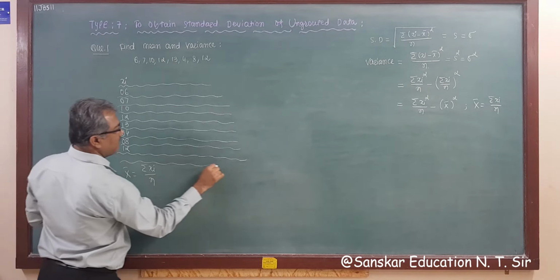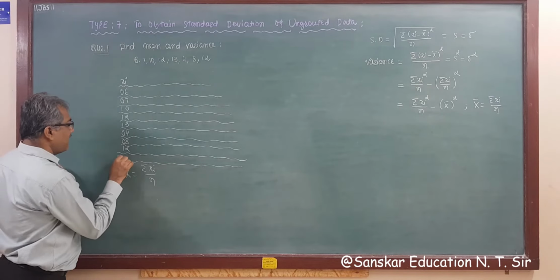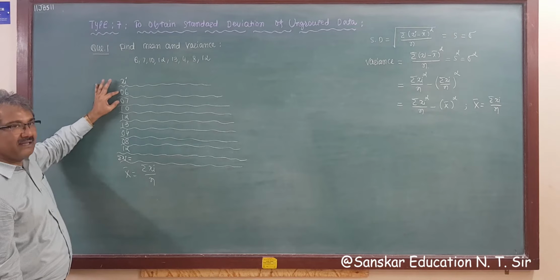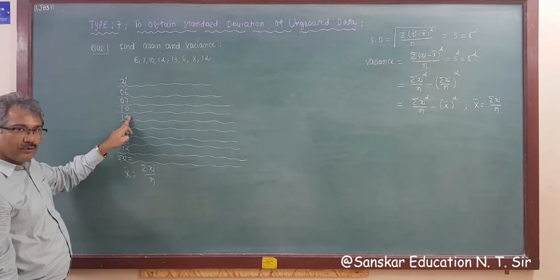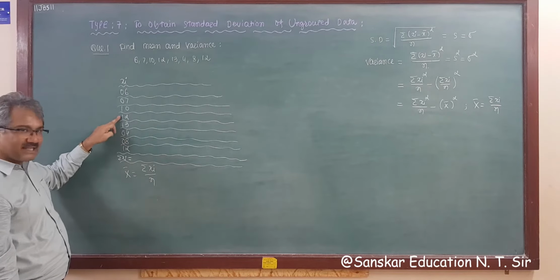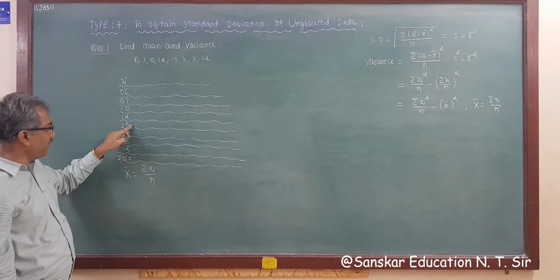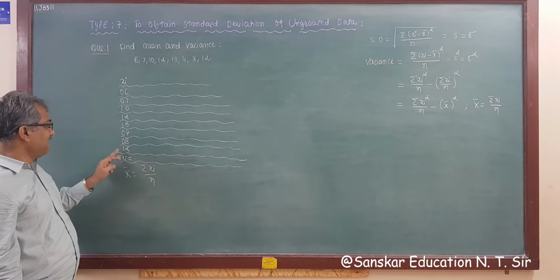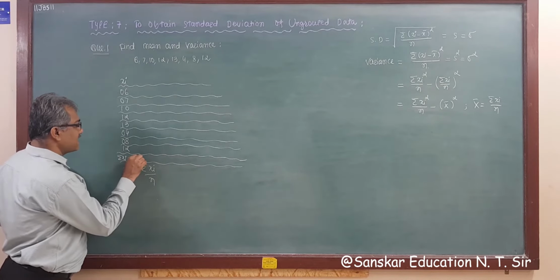Now sigma xi: the sum of 6, 7, 13, 10, 23, 2, 25 plus 10, 35, 45 plus 3, 48 plus 4, 52, 60, 72. So the sum of these observations is 72.